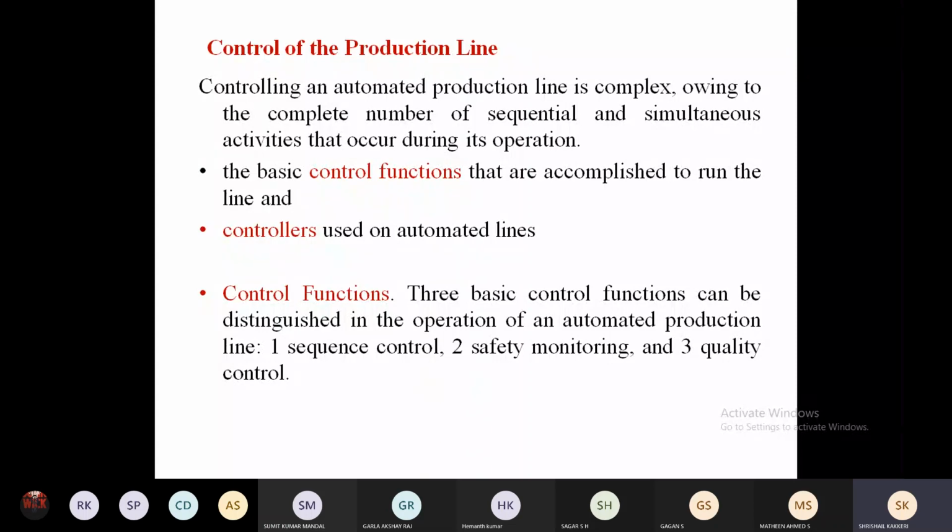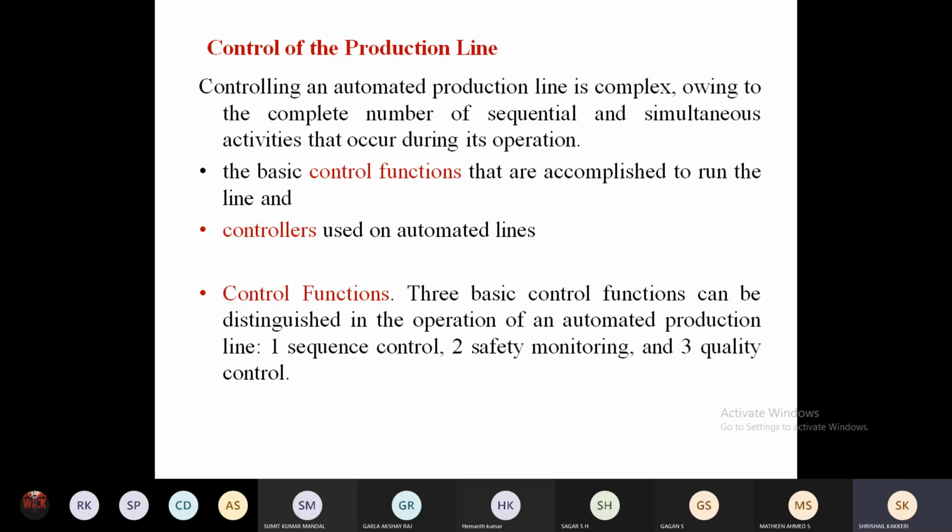And the controllers on the automated lines, I will discuss in the next class, and I think the next class will complete this chapter. Let me recap. Automated production systems, automated manufacturing systems, the types of automation (fixed, flexible and programmable), reasons for automating, and computer integrated manufacturing, that is CAD, CAM and CIM, I have discussed.